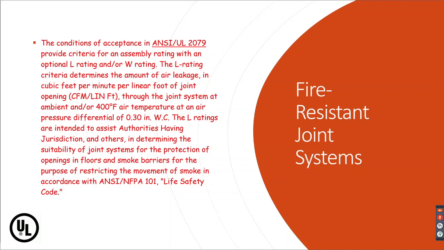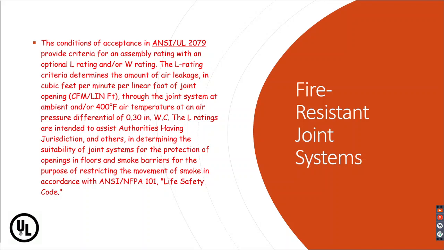So watch when you have these joint systems, do their listings match the movement that's needed? Otherwise, you have an earthquake, or wind, even if it's just the movement they need for wind, and these systems won't be maintained and you no longer have that integrity. You don't have that protection.